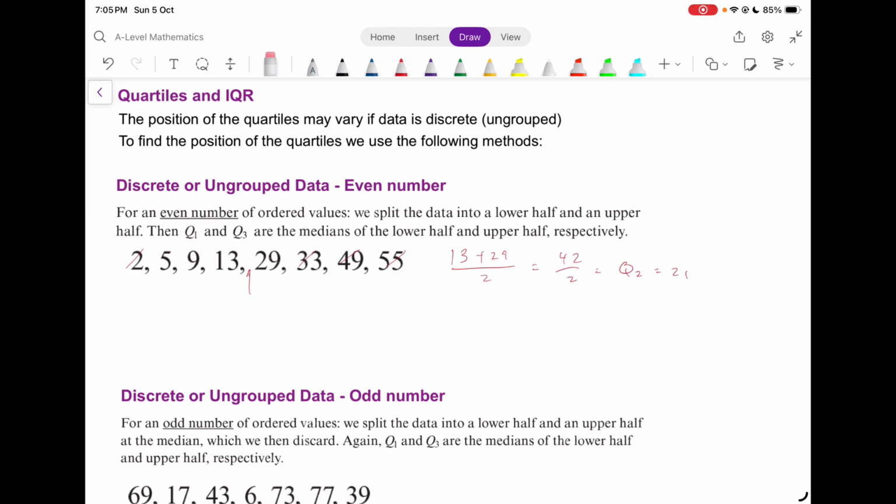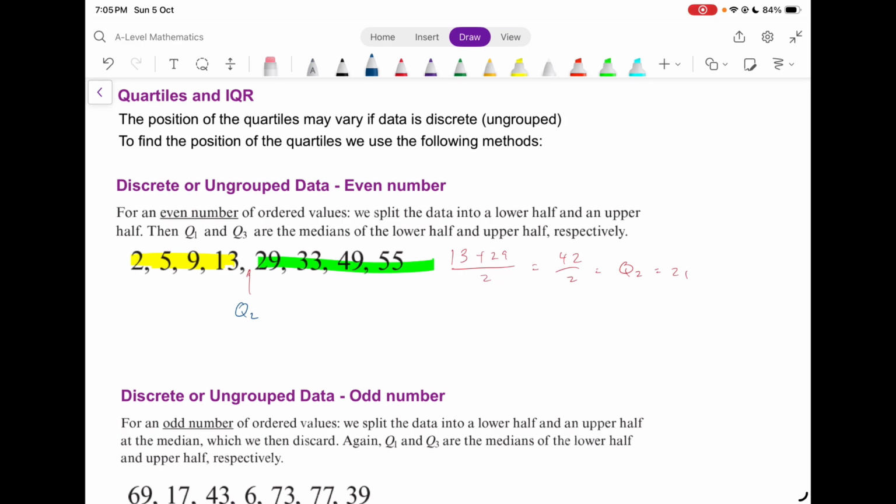Now, what about Q1 and Q3, the lower quartile and upper quartile? Since our Q2 is over here, we separate into two sides.